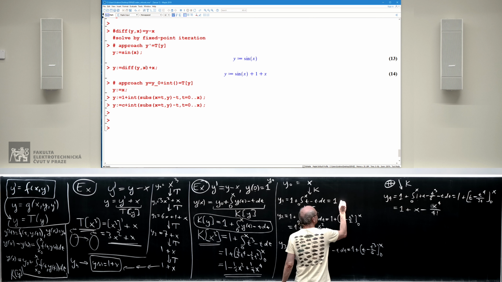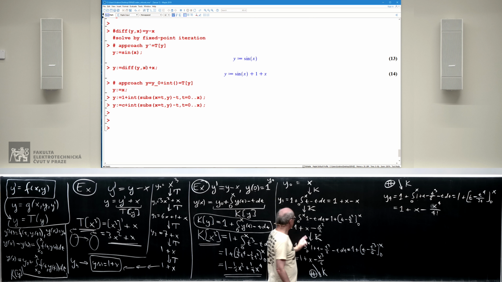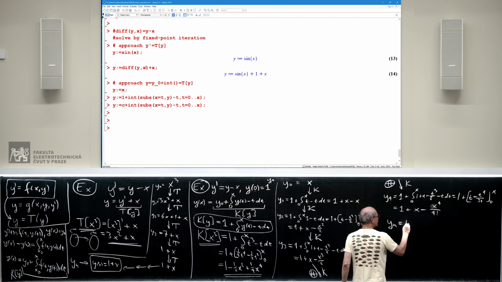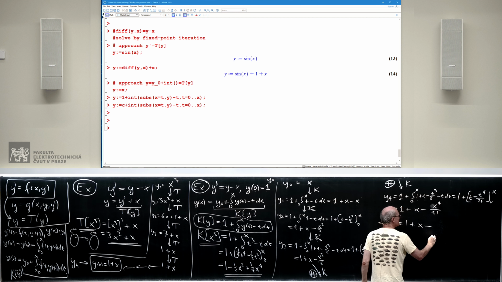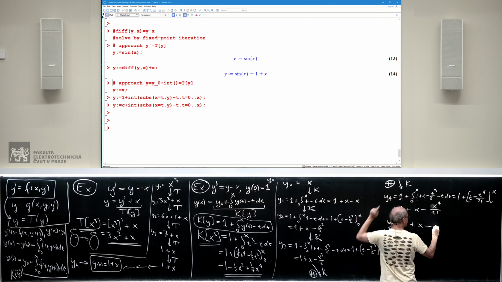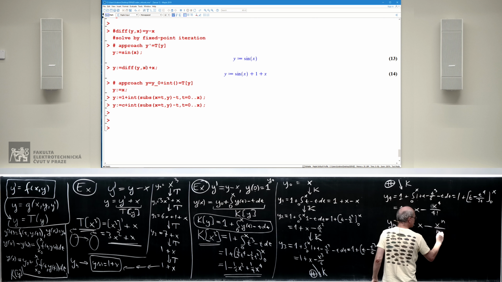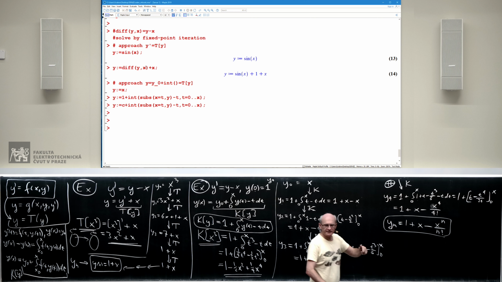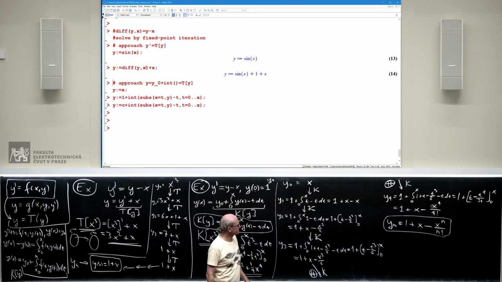Here it doesn't work, but I can write it like that: 1 plus x minus x to power 1 divided by 1 factorial. It all seems to fit. So my suspicion is that yn is 1 plus x minus x to n over n factorial. This is my suspicion. And I can prove it using mathematical induction.